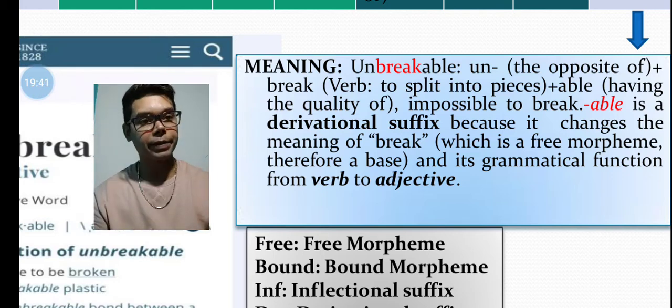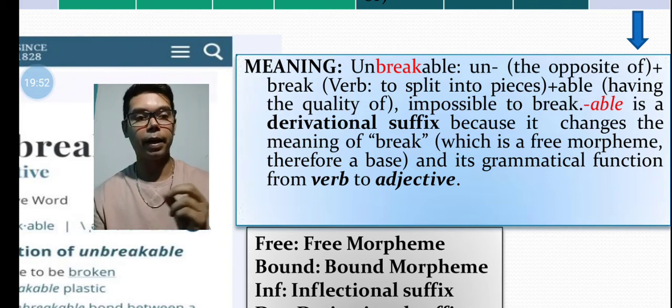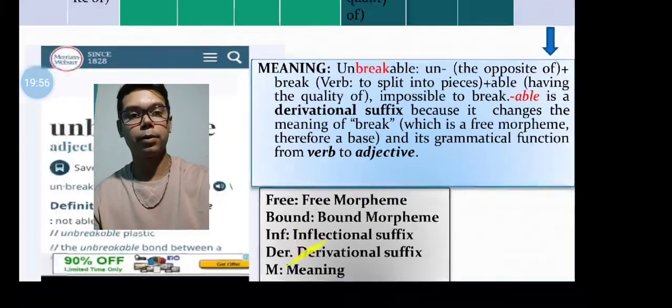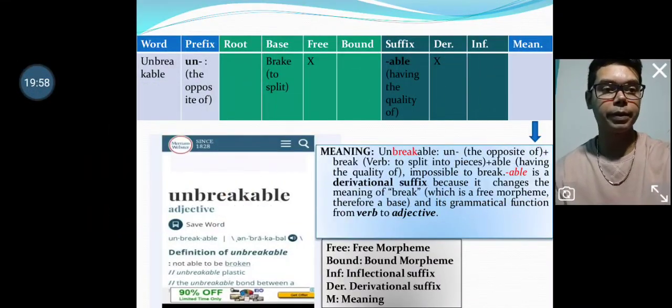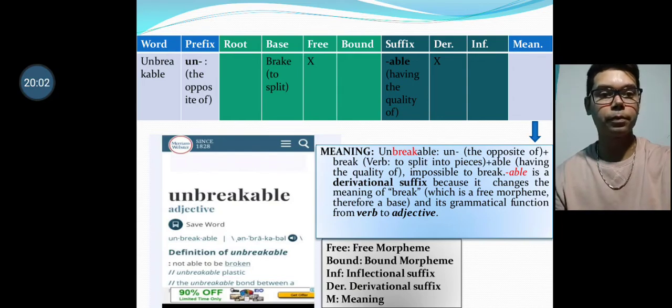Now, we can say that able is a derivational suffix because it changes the meaning of break, which is a free morpheme, and therefore a base, and its grammatical function from verb to adjective. ¿Ok? Eso es lo que se les va a pedir en el ejercicio de construcción del significado.